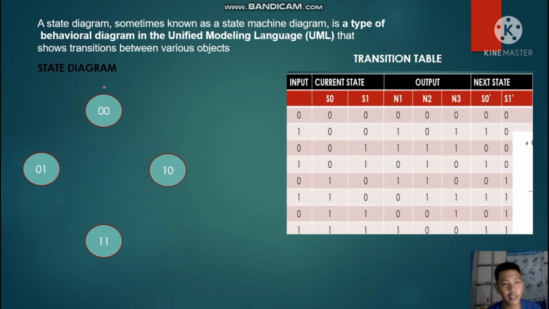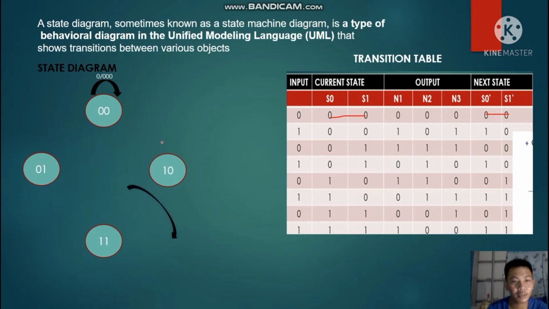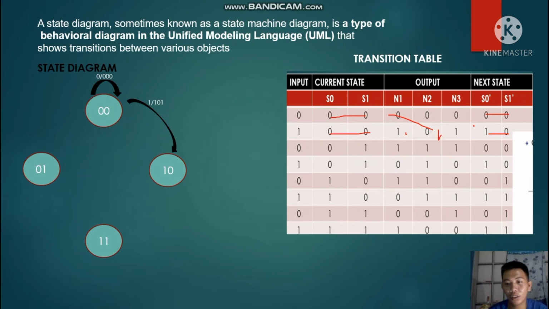So from current state 0 0, we have next state from 0 0 to 0 0. So we have an input of 0 and an output of 0 0 0. Next, we have current state 0 0, next state 1 0. We have an input of 1 and an output of 1 0 1.